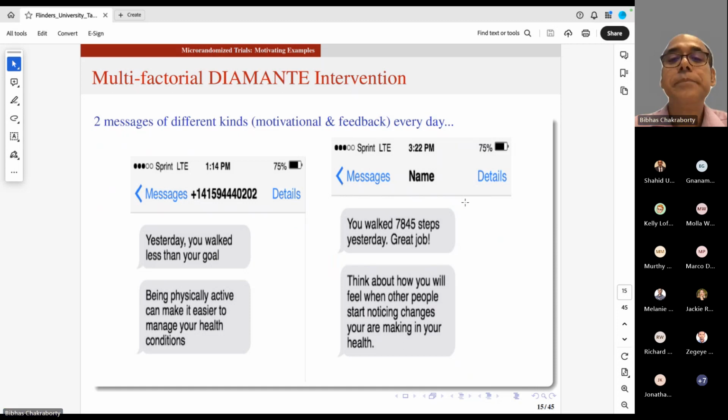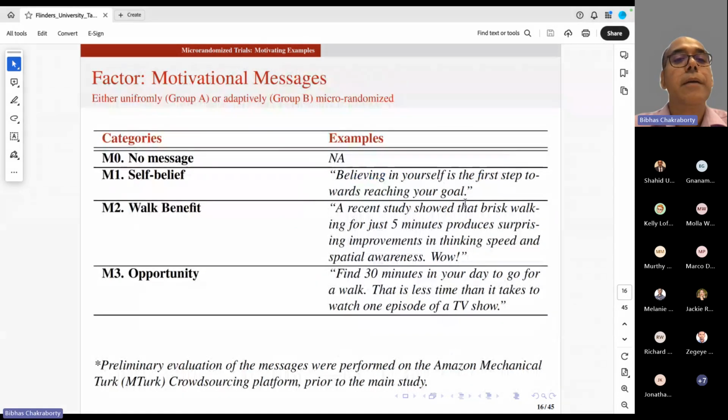Okay. All right. So I mentioned it's a multifactorial intervention. The first factor is a motivational message. And people from both group A and group B, who are either uniformly or adaptively micro-randomized, get some of these messages.